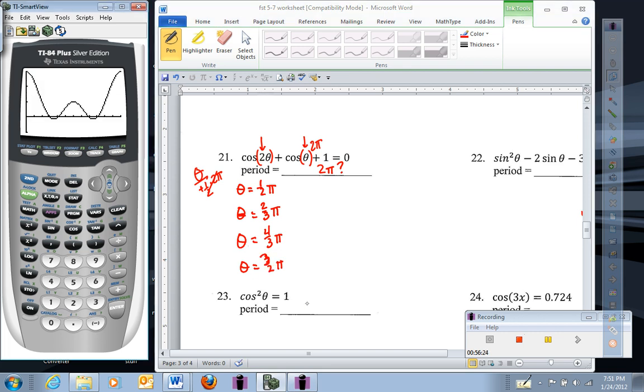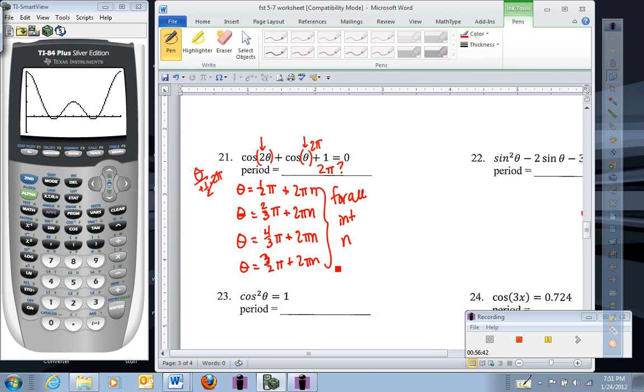Okay, so now I have all 4 of my answers, and each one of them gets plus how much? 2 pi n. And that would be for all integers n.